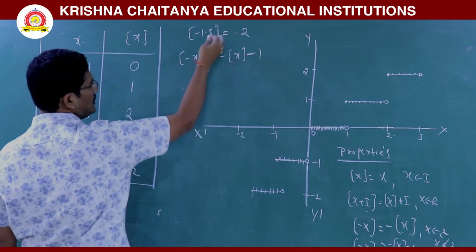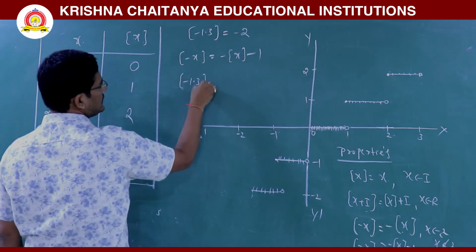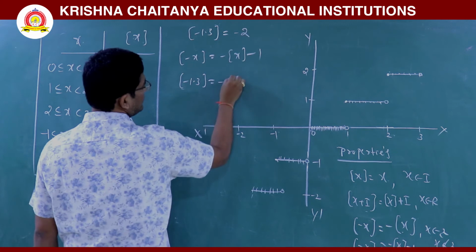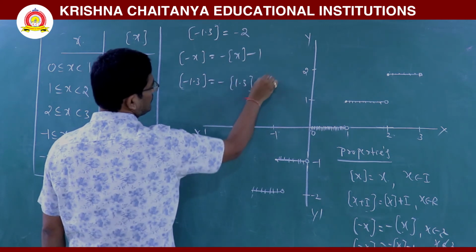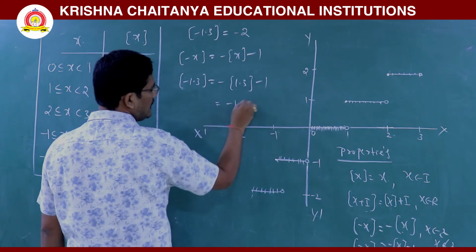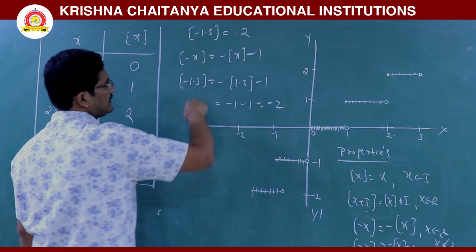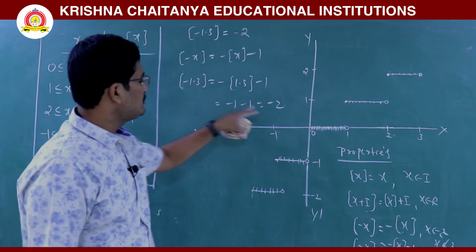Take minus 1.3, so minus of floor 1.3 minus 1; floor of 1.3 is 1, so it is minus 1, and minus 1 already there, minus 2. By this property also, floor of minus 1.3 is equal to minus 2.